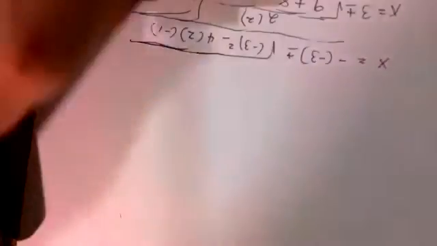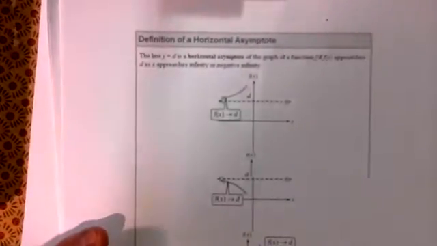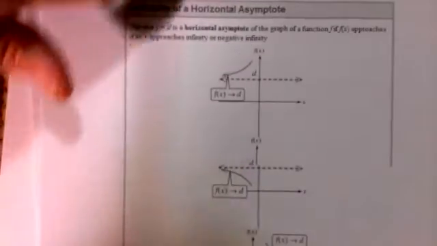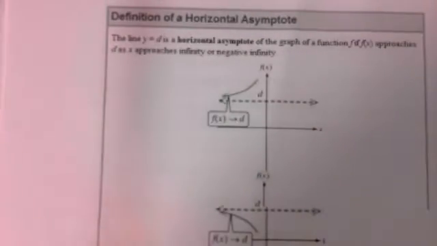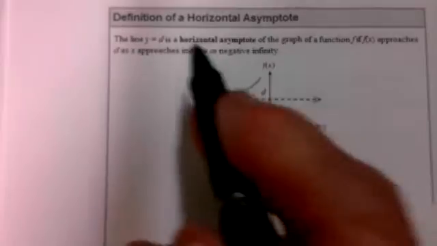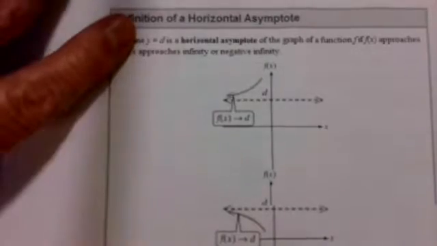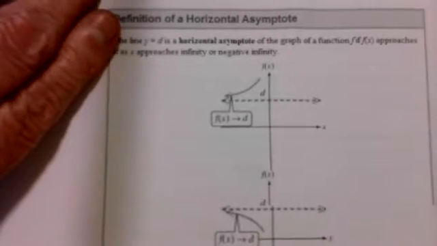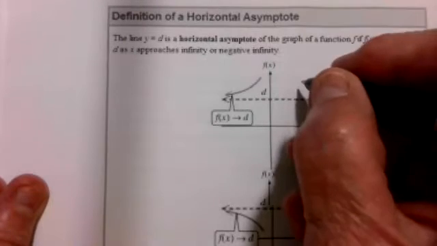And then for the horizontal asymptotes, this is the way it might look. So the line y equals, I think that's supposed to be a D right there.